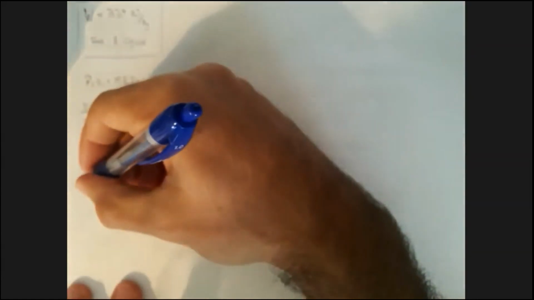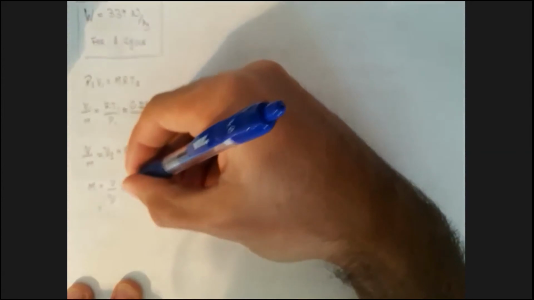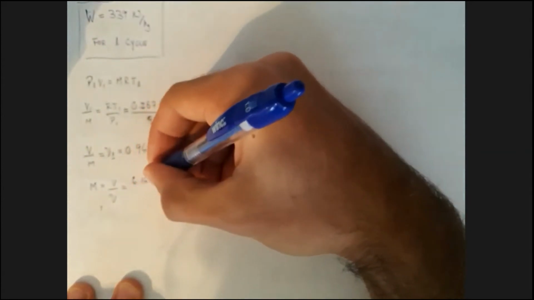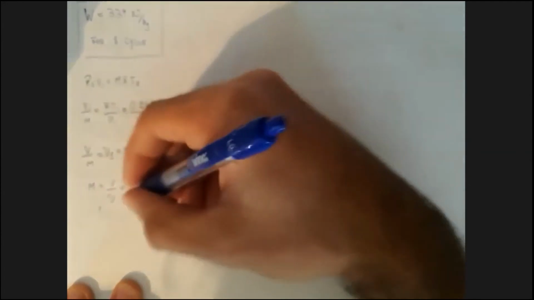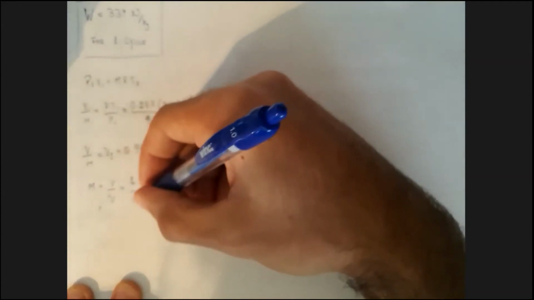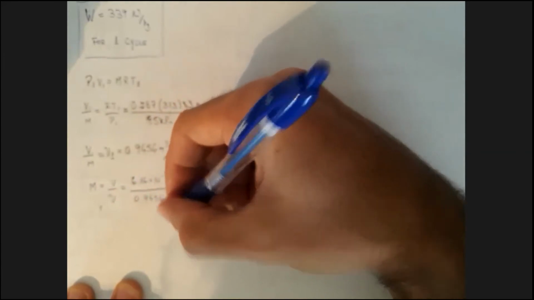If we have the volume, and we calculated that in the beginning, and we have the specific volume, we can calculate the mass, right? It's trivial. So the mass will be just my volume over my specific volume. If you guys recall, the volume that we calculated before was 6.16 times 10 to the minus 4 meters cubed, divided by 0.9456 meters cubed per kilogram.